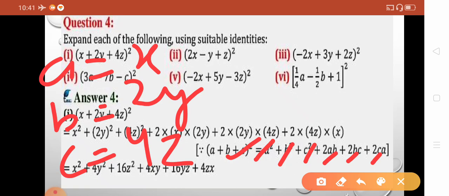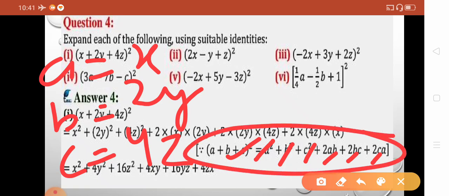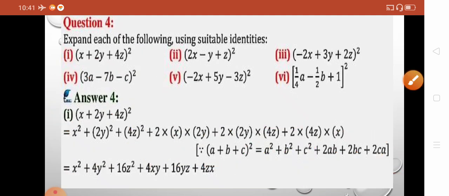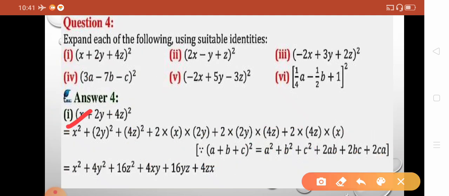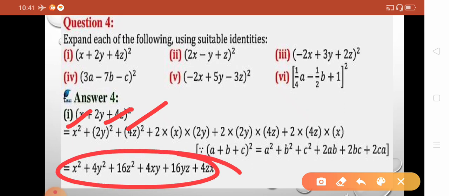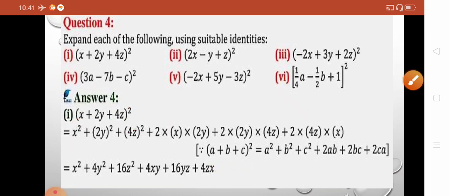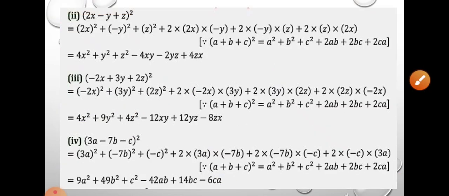No need to think about this. Just learn the formula and put the values of a, b and c in it. So we will put x², then (2y)² in place of b², (4z)², 2 into x into 2y, plus 2 into 2y into 4z, plus 2 into 4z into x, and we will write it like this.